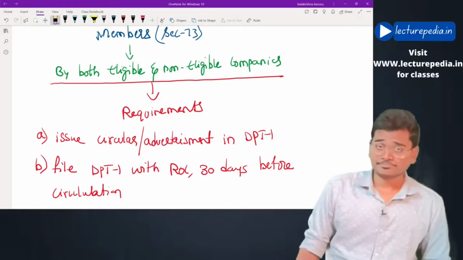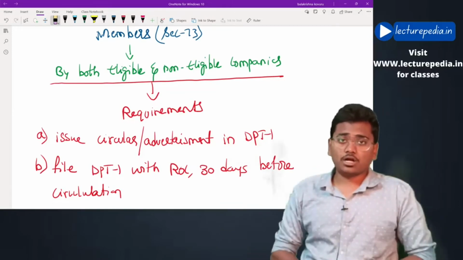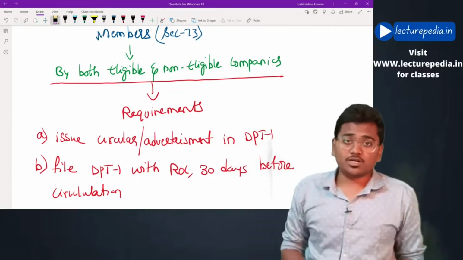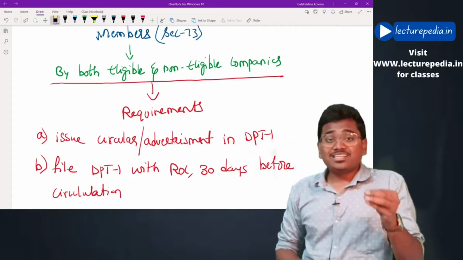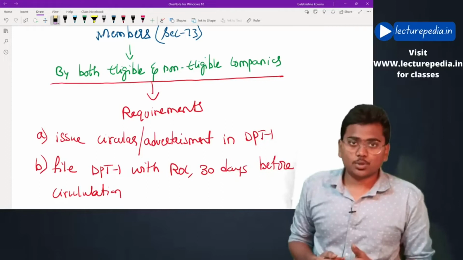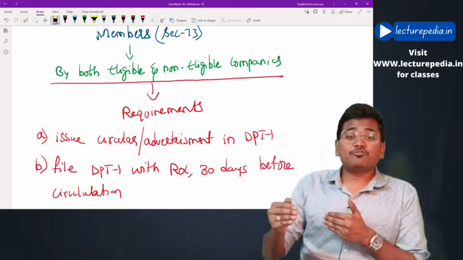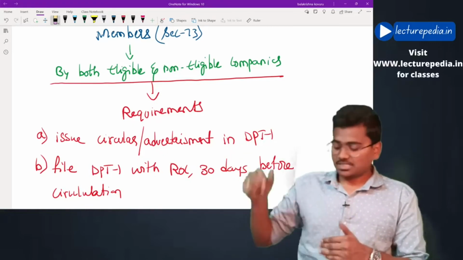Now first of all, before circulating this circular or advertisement in form DPT1, you have to file this DPT1 with the Registrar of Companies. What is the time limit? At least 30 days before, you have to file it with the registrar.